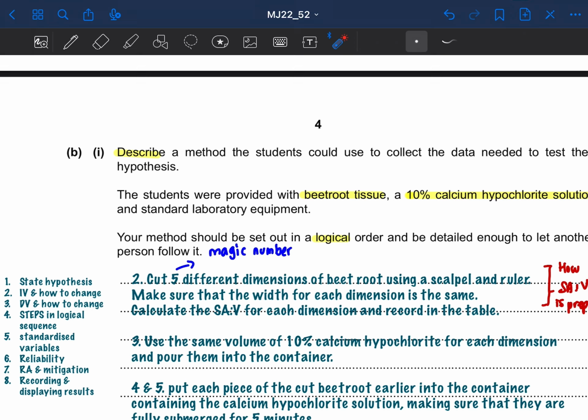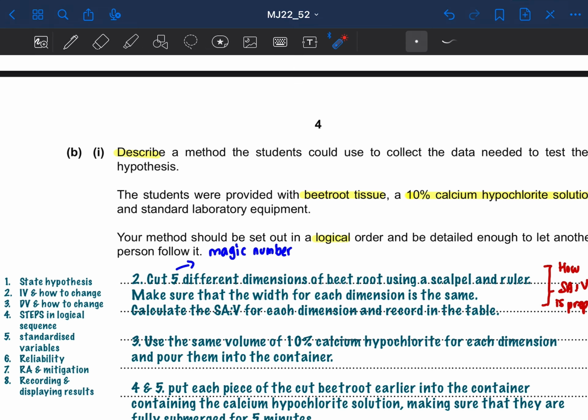Make sure they are written in an equal range, for example, 5 degrees, 10, 20, 30. So a logical, equally distributed range.